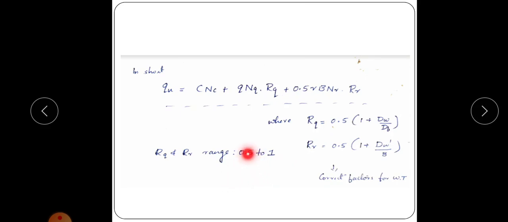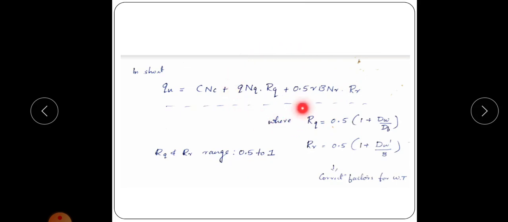And if you get a value such as 1.3, you have to approximate it as 1 because the maximum value is 1. So remember this also: Rq and Rγ range from 0.5 to 1. Okay, so this is the effective water table in bearing capacity.